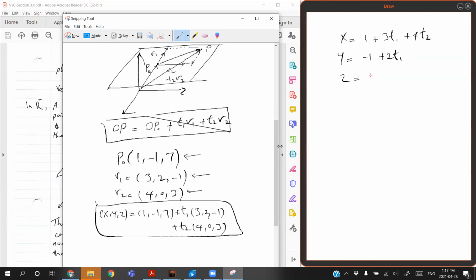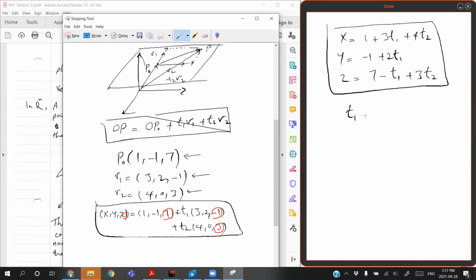And z is 7 minus t1 plus 3t2. So everybody sees that? Here, for example, for z, you can see z is 7 minus 1 times t1 plus 3 times t2. So in both cases, t1 and t2 are parameters.